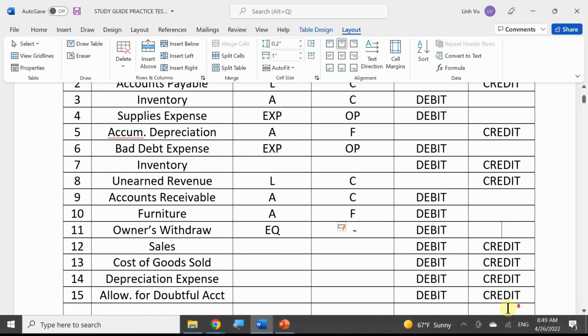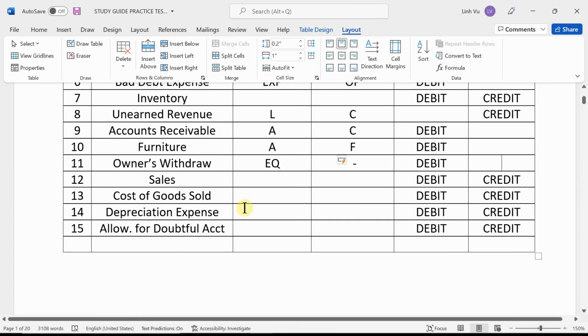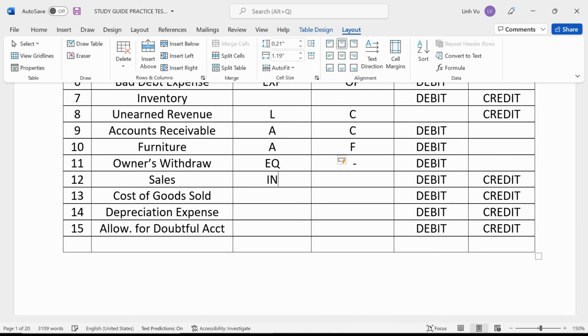Okay. How about sales? Income. Yes, sales is going to be how we generate income. Okay. Now, what kind of income? Sales or operating, whichever one is available. Okay. And what kind of balance would this have? How do you increase sales?